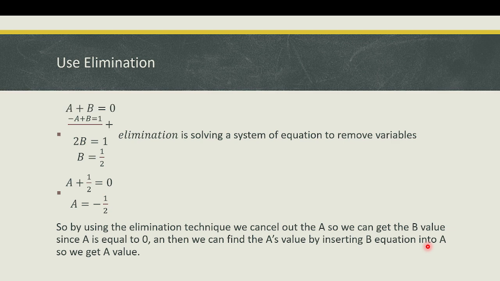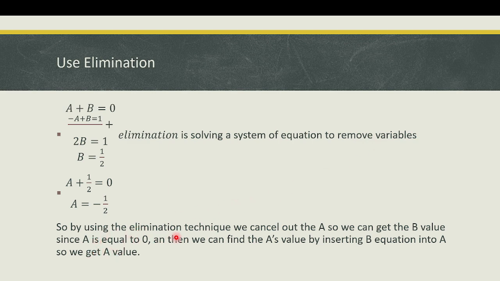So the next step is we try to find the value of both a and b. We're using a method called elimination. Elimination is solving a system of equations to remove variables.